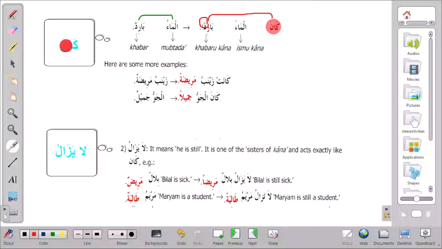It means he was. But if you want to make it feminine, she was, you have to add this ta'anis. Okay, كانت. I hope that is clear. So كانت زينب مريضة. So Zainab was sick. So the information, what gives information about the person, is always mansub. That's the main thing that you need to know.